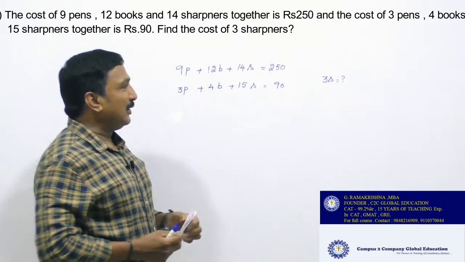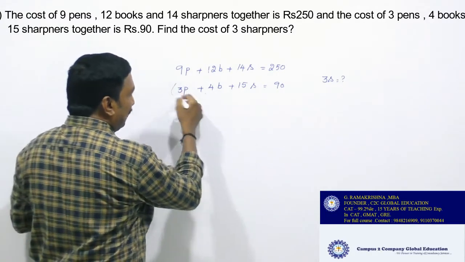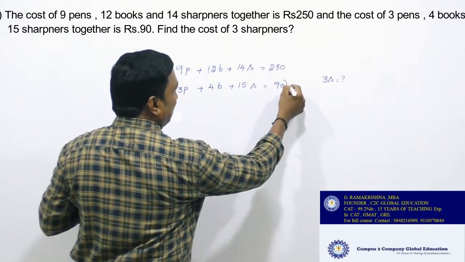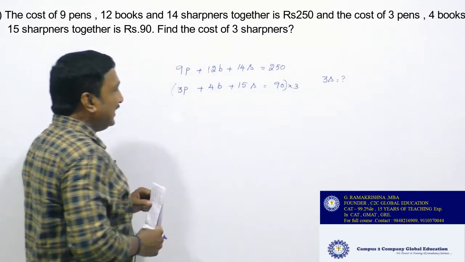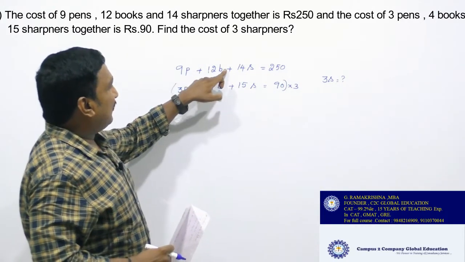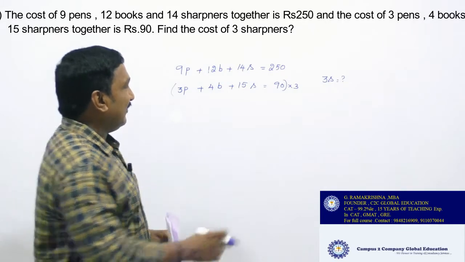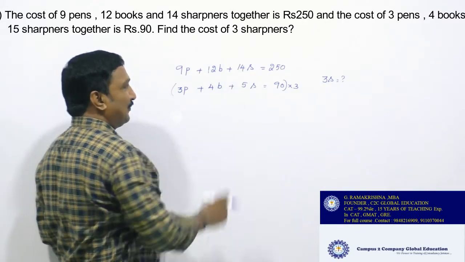How can I eliminate the pens and books? I should multiply the second equation by 3 and subtract it from the first equation, first minus second. Sorry friends, this is the 5.